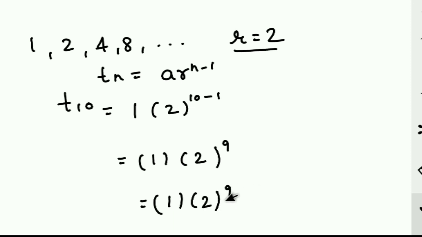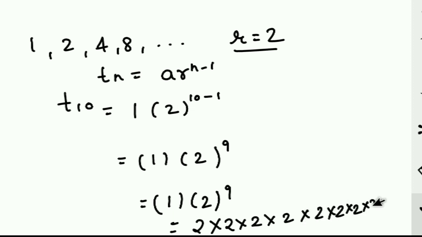Let's simplify this. The 10th term has 2 into 2, we have to write it 9 times. So this is 3 times, then this is 3 times, and now this is 3 times. 3 times 2 multiplied gives 8.